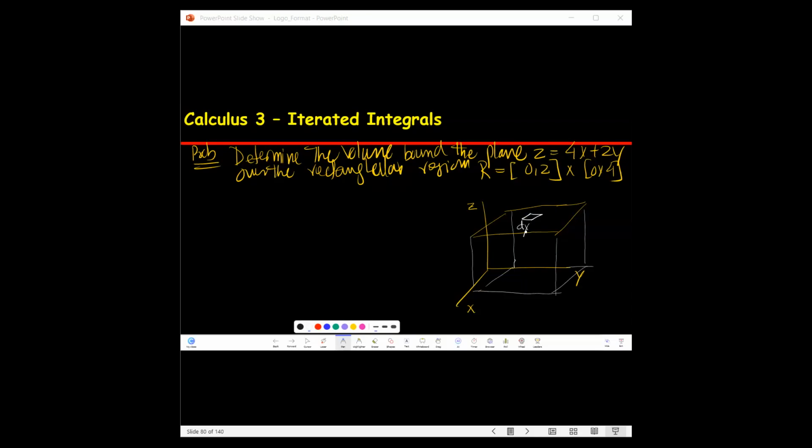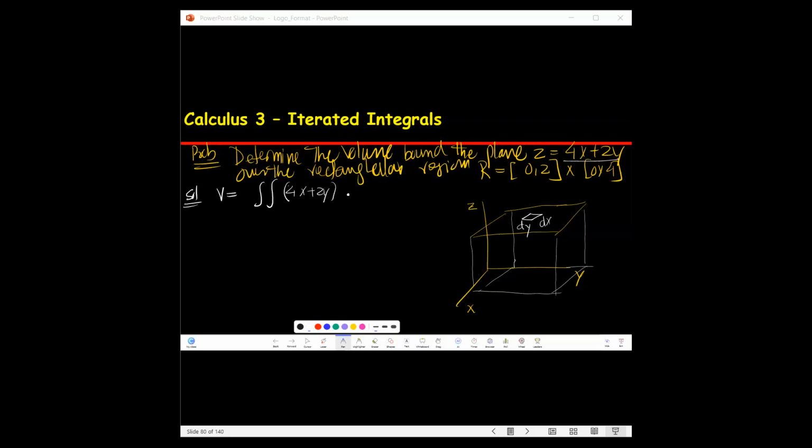This one is dx, and this one is dy. So what I want to write for my volume is first integral, second integral, and then my z. So z is 4x plus 2y.